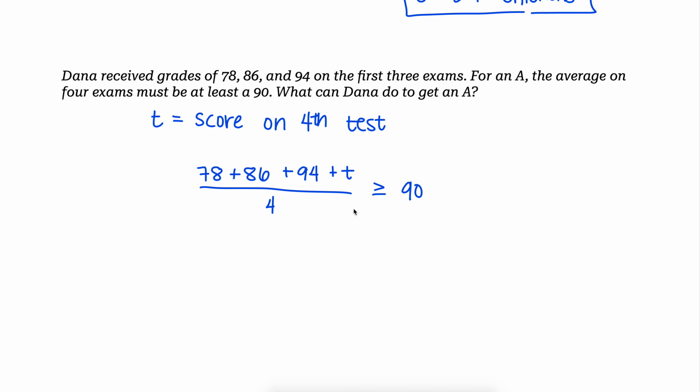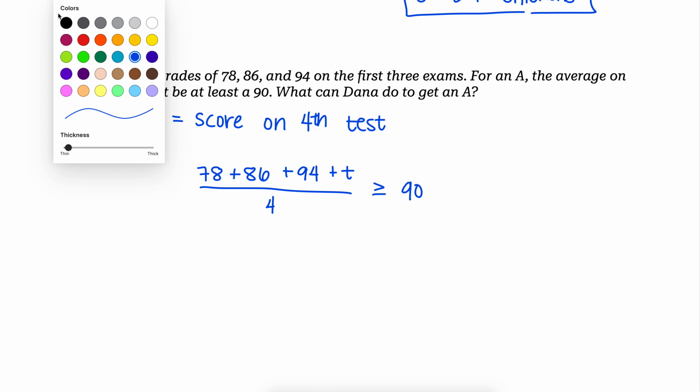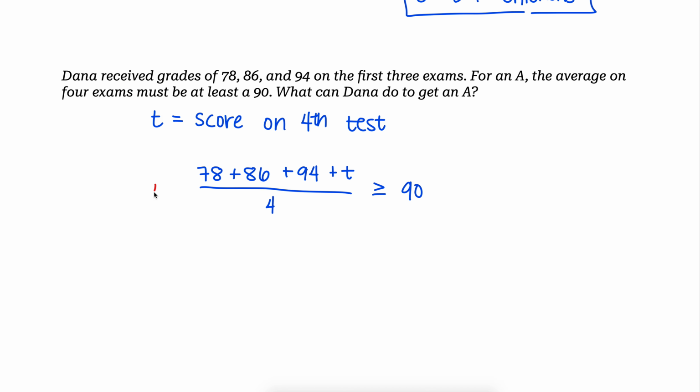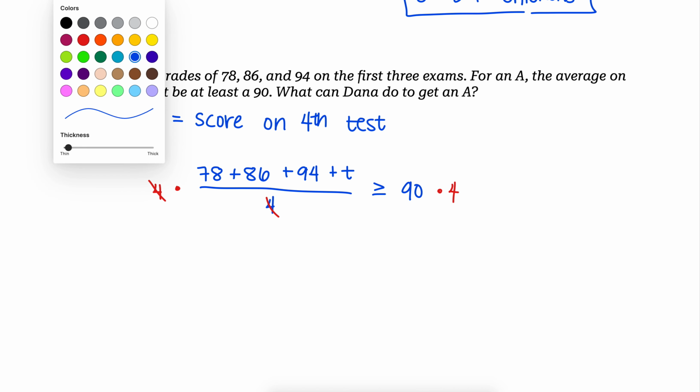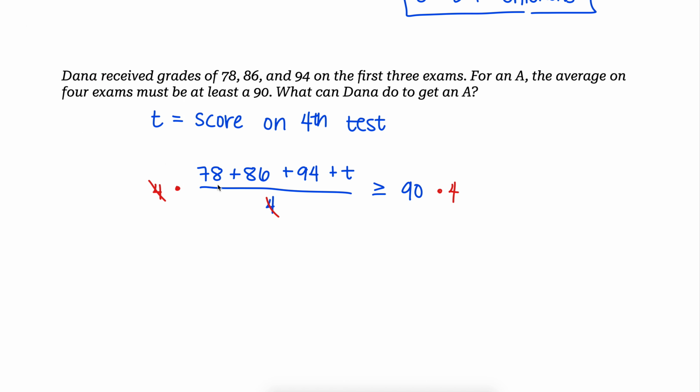So I'm going to do 2 things at once. I'm going to first multiply both sides of this inequality by 4. On the left, it completely gets rid of that denominator. On the right, we just get 360. And at the same time, I'm going to add 78, 86, and 94. If you add those together, you get 258.